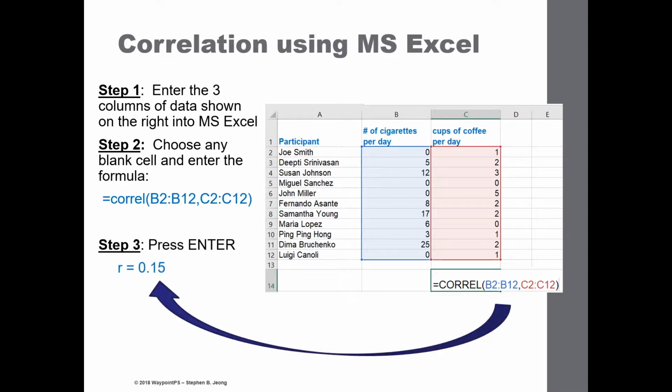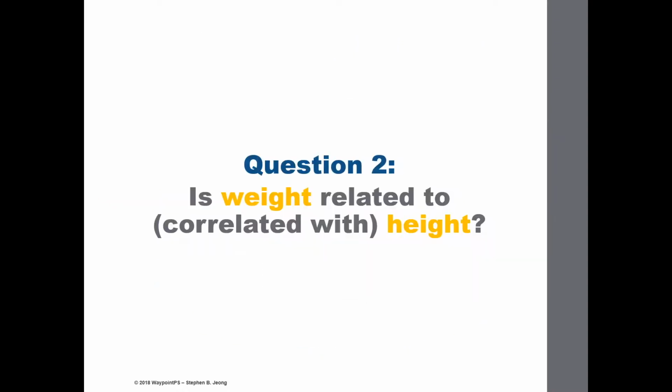Once you do that, simply press enter, and the program will produce a correlation as a decimal, in this case 0.15. That means there's a positive correlation between number of cigarettes smoked per day and the likelihood of drinking coffee. That's not a huge or a strong correlation, but it's a moderate, statistically significant correlation.